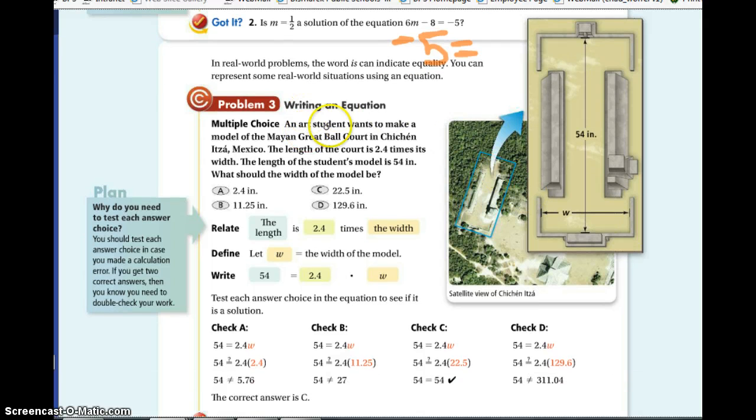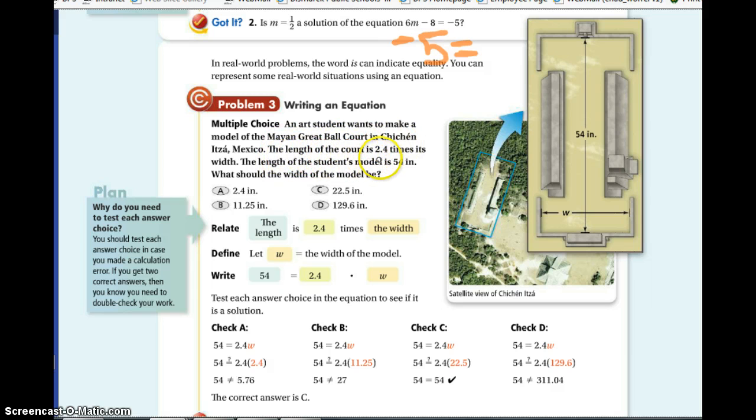And now in problem number 3, they're trying to get you to take word problems and formulate equations out of them. So what we need to do is pull key pieces of information out of these word problems. So multiple choice. An art student wants to make a model of the Mayan Great Ball Court in Chichen Itza.